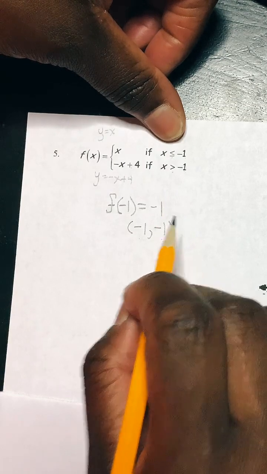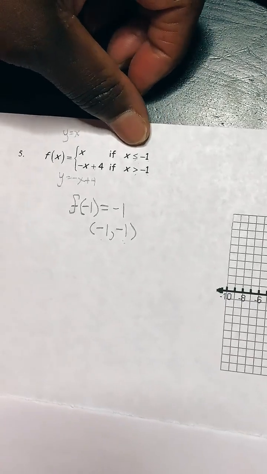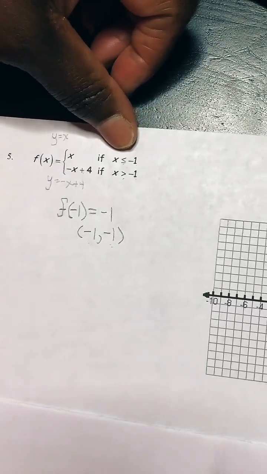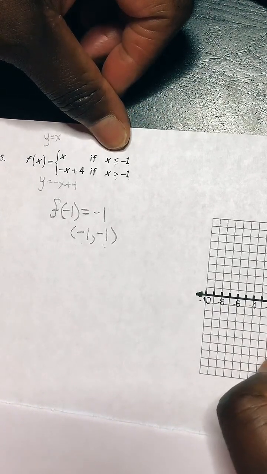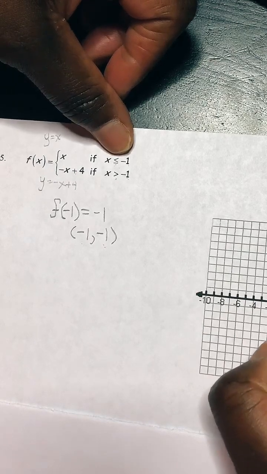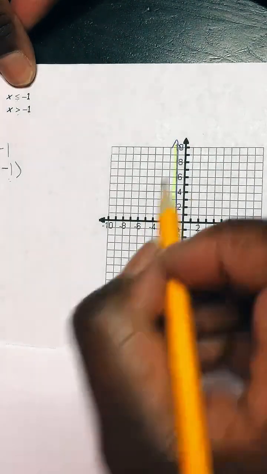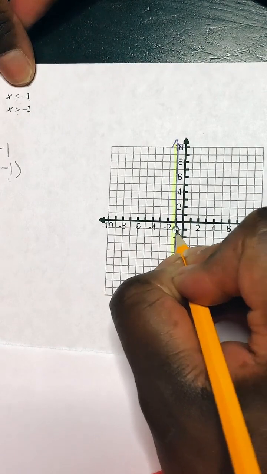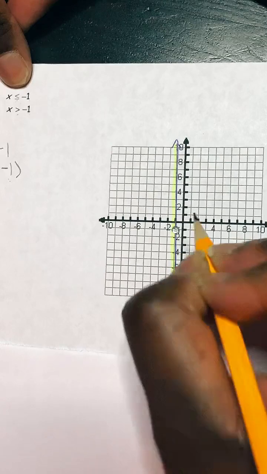Here you got a new point, so it's not going to be 0, 1. We're at -1, -1, and since it is equal to, it's going to be a closed dot right there. So we went from -1 to -1, and since it was equal to, it's a closed dot.